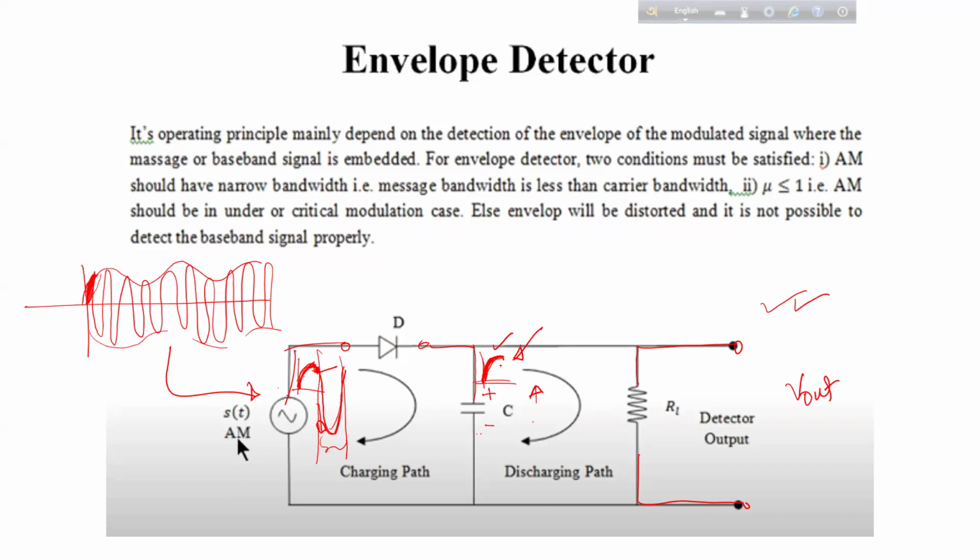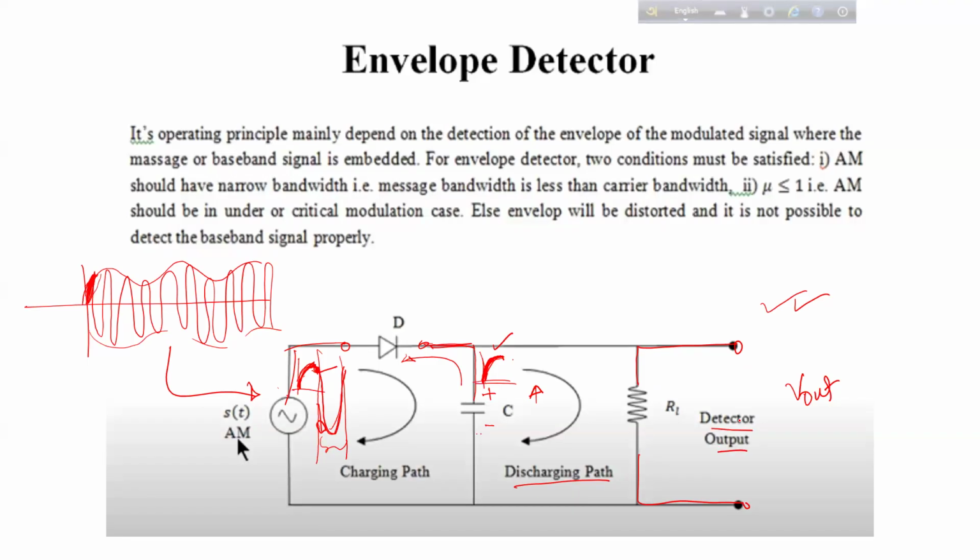So the capacitor will now start discharging, and it will discharge because this is open circuit, so it cannot discharge through this path. It has another path here, so it will discharge using this path. This is the discharging path. Now, when it starts discharging, all the voltage will be across this resistor where we are getting the detector output.